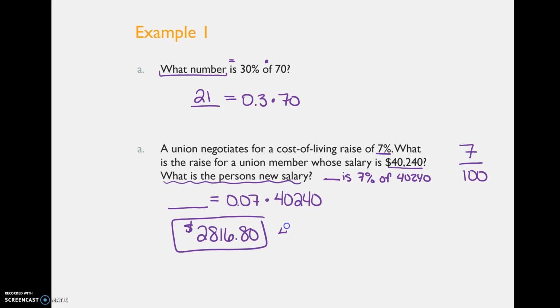We would then need to take their old salary, $40,240, plus their raise, $2,816.80. That's $43,056.80. That 80 cents, he gets an extra pack of ramen noodles that year.